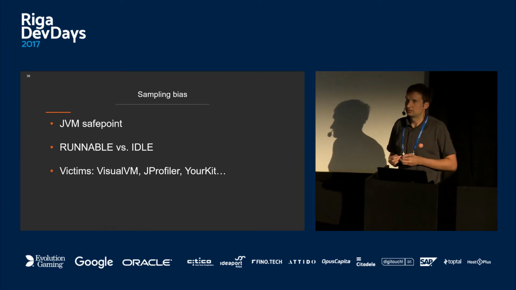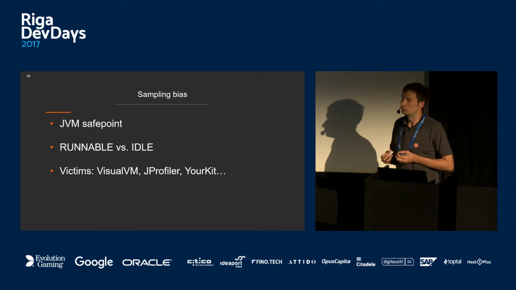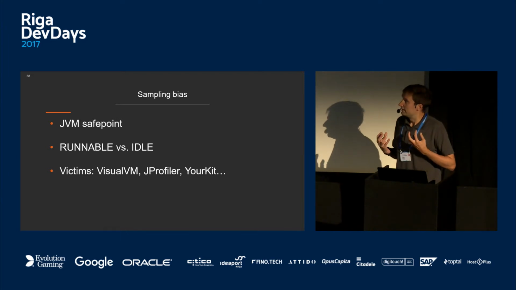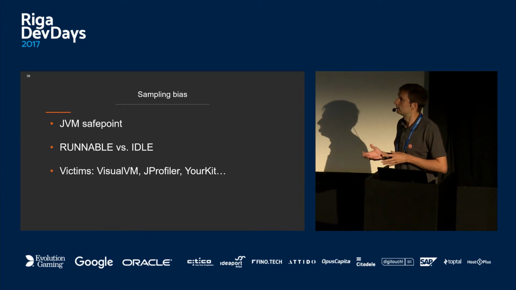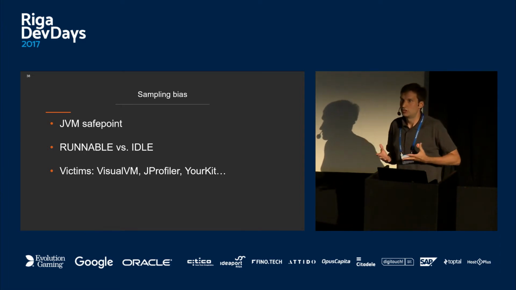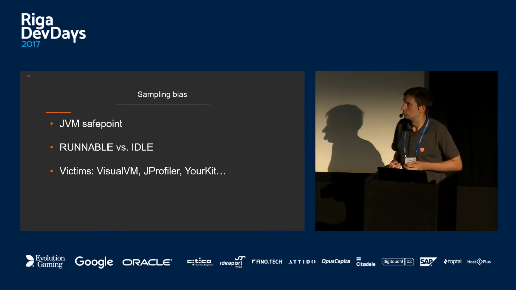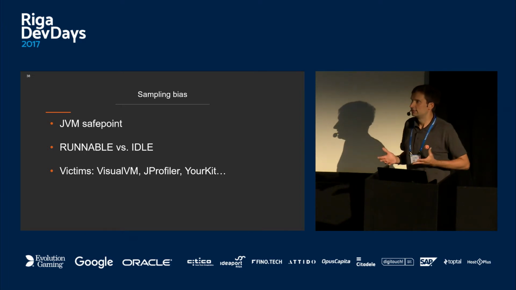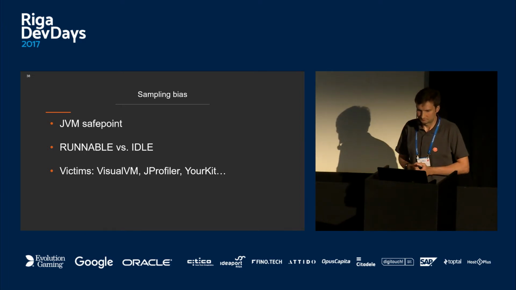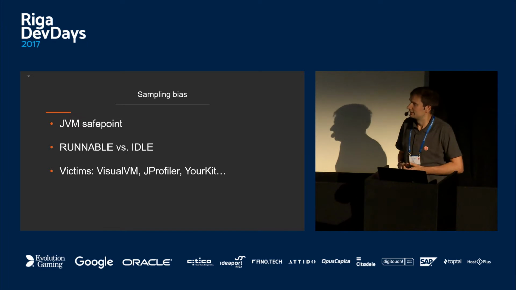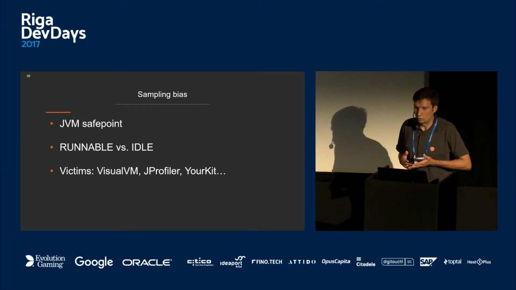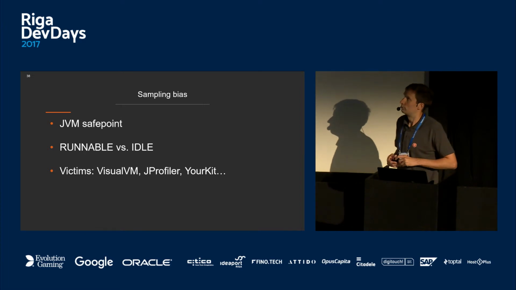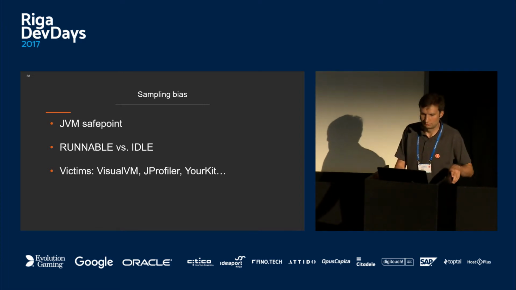The other problem is that the JVM cannot distinguish a native method that is blocked on some system call from a method which actually does some work, because all threads are measured equally. This is not a problem of a particular profiler. Many other popular profilers also suffer from the same problem.